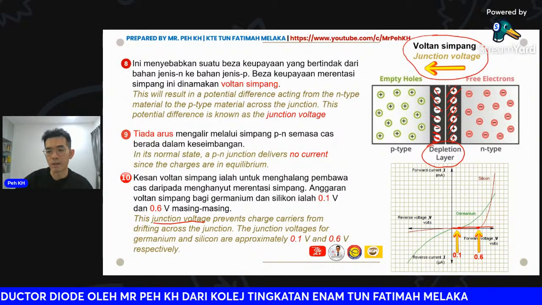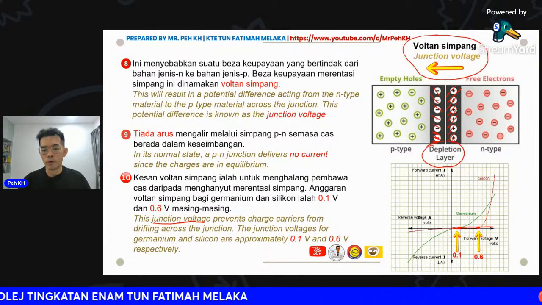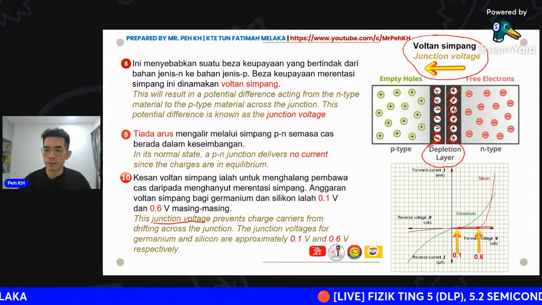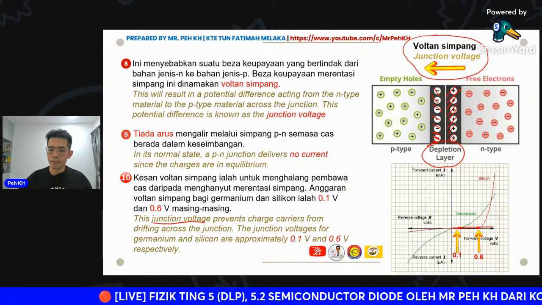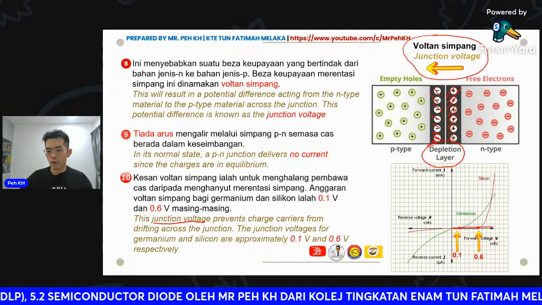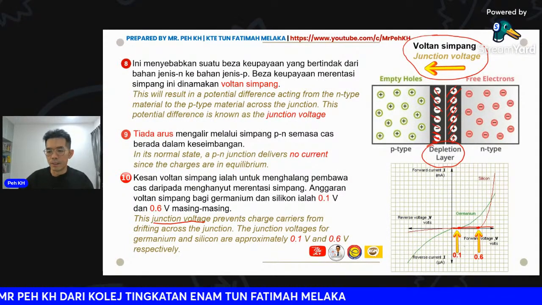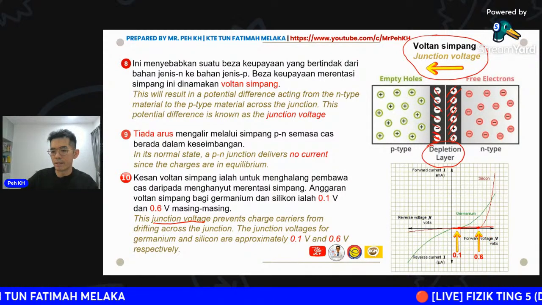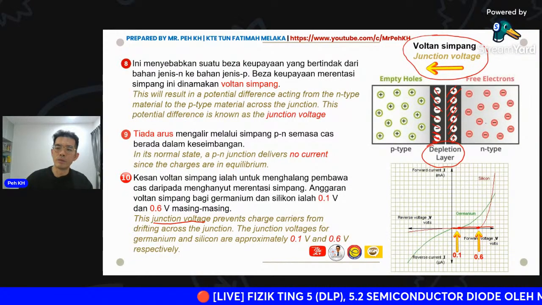Okay, so to allow the current to flow through, the voltage of the source of energy provided to the diode must be greater than 0.1 volt if the diode material we use is germanium. If the material used is silicon, the minimum voltage provided must be greater than 0.6 volt, so that the electron will be able to cross the junction.